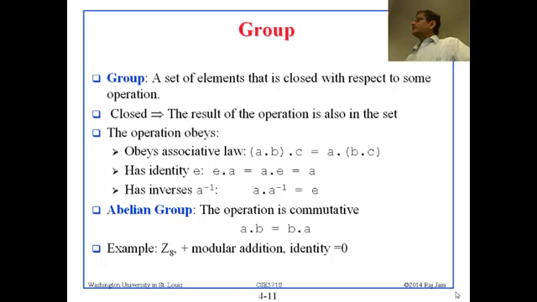If these conditions are satisfied, so these are the 4 conditions: closed, associative, identity, and inverse. Those are the 4 conditions for the group. Then we call that set of elements a group. So clearly, Z8 is the numbers 0 through 7, mod 8.